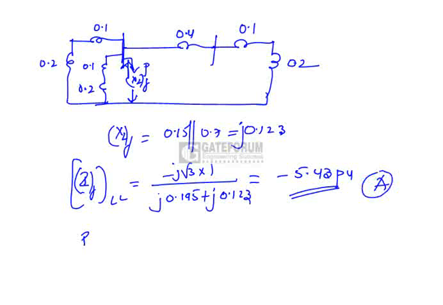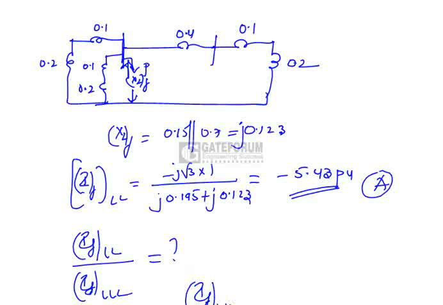Now next we have to find fault current for LLL fault. We know that fault current in LLL fault is given as V by J times of X1. Since V is 1 per unit, J times of X1 is 0.2.